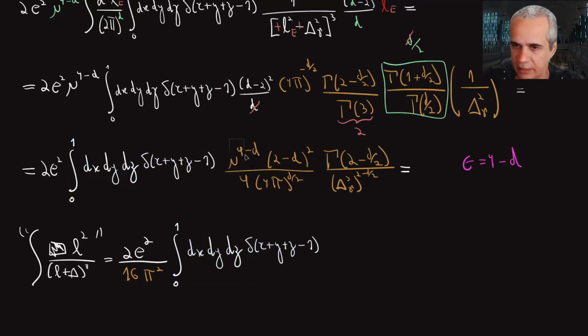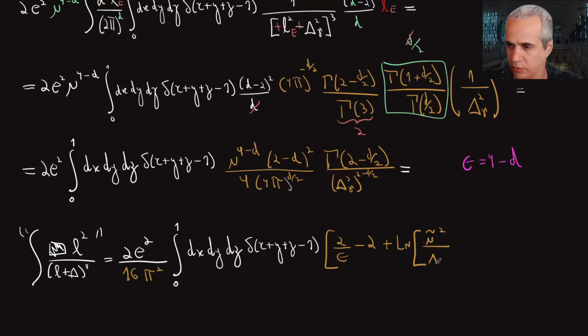And then this becomes the usual expression, which is 2 over epsilon minus 2 plus the log of mu tilde square over delta gamma square, which is very familiar from many similar calculations we did.